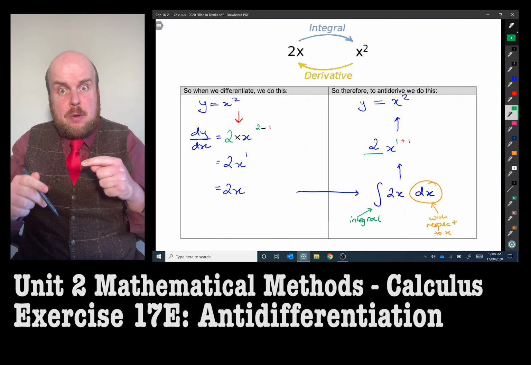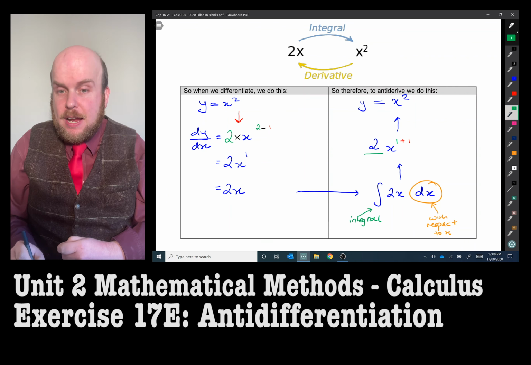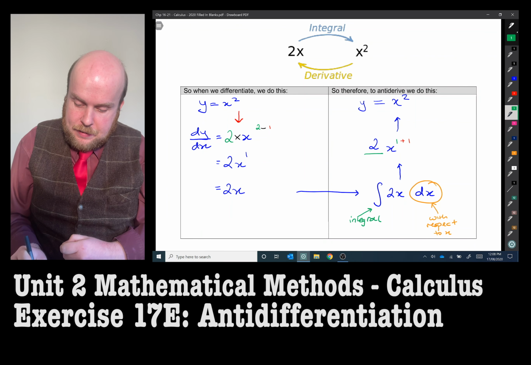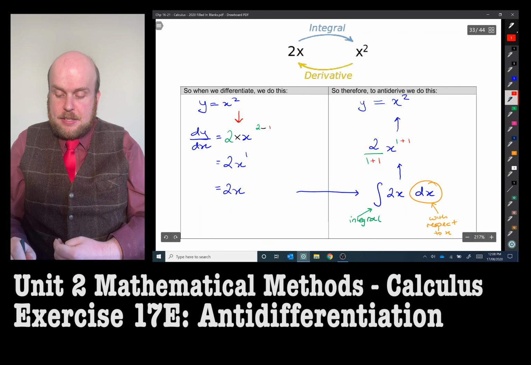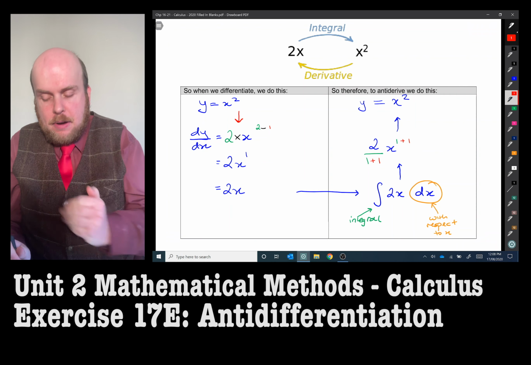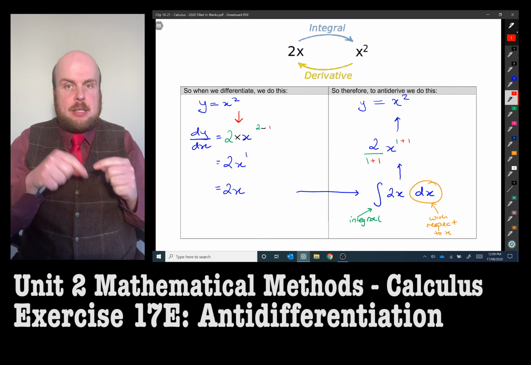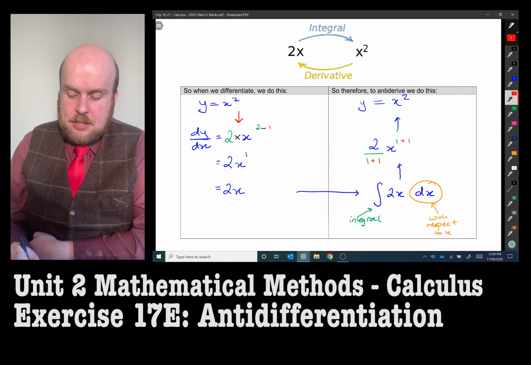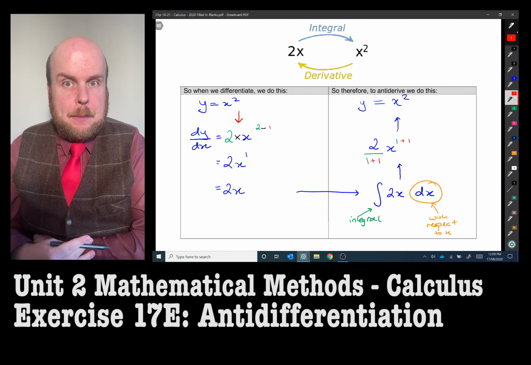Yes, so I'm dividing it by the new power, in this case the 1 plus that 1. So I have to add 1 to the power, and divide by that 1 plus 1, the power plus whatever the next one up is. Because 2 divided by 2 would be 1, and we get our original answer.